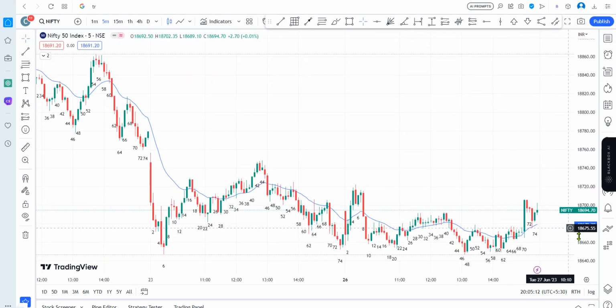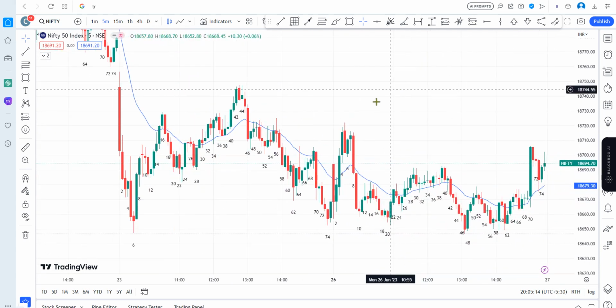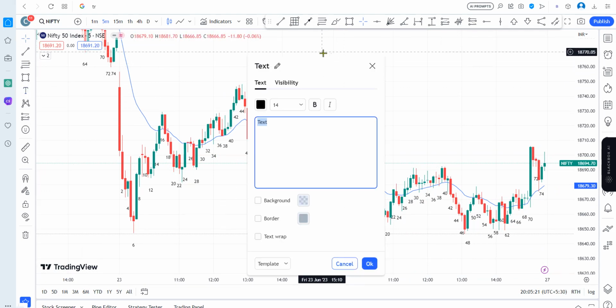Okay, in the first hour we are going for two trades. One is the opening reversal trade, and another is first bar close, buy or sell.